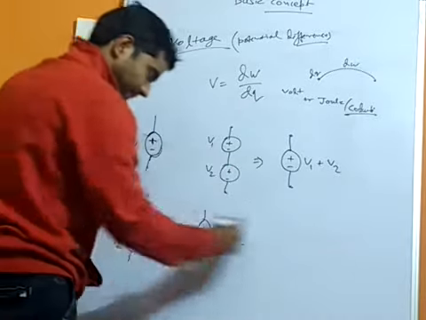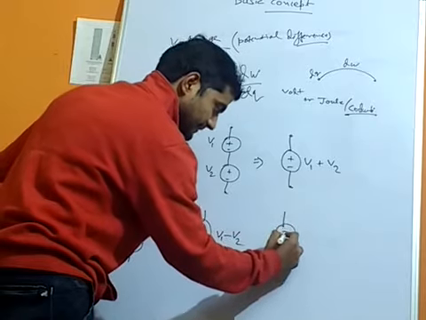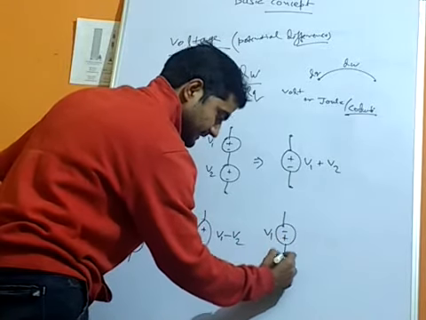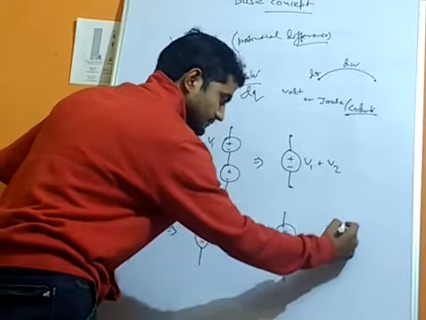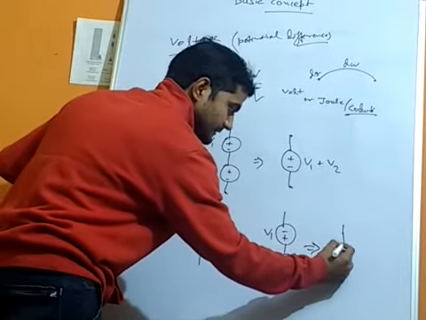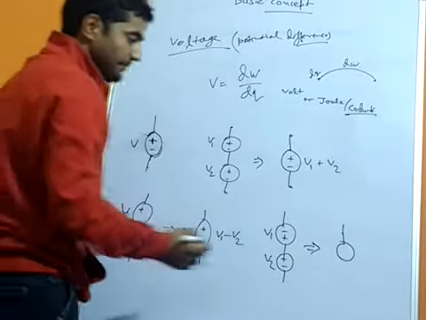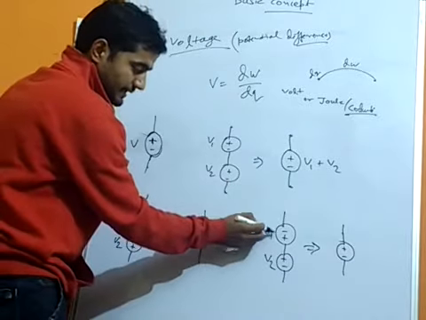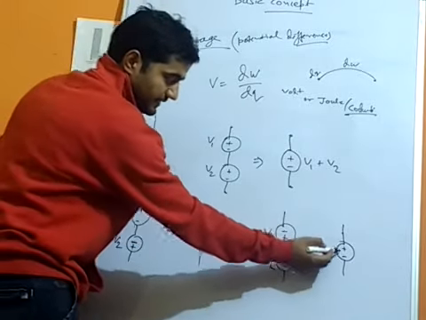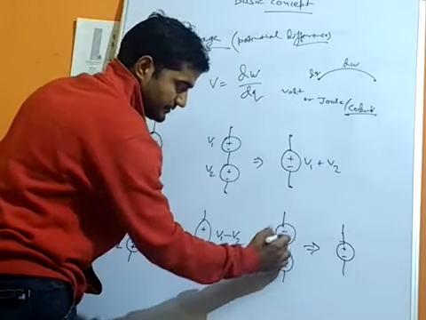And again we can consider another case. If minus plus V1 is given here and here it is plus minus V2, then for this case what will be the result? If we denote the equivalent source like this, then here V1 is minus in upward, but the equivalent is plus in upward, so it is reversed.